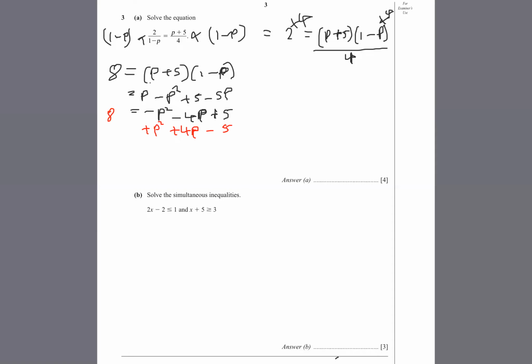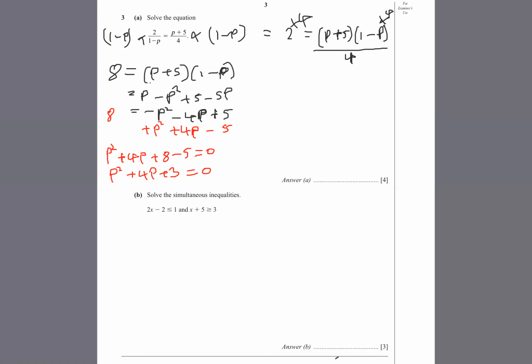I think I'll use the red pen. Whatever we do on one side, we do on the other side. So this side you need to have p squared plus 4p plus 8 minus 5 is equal to 0. Here, 8 minus 5 we know is 3. So we have p squared plus 4p plus 3 is equal to 0.